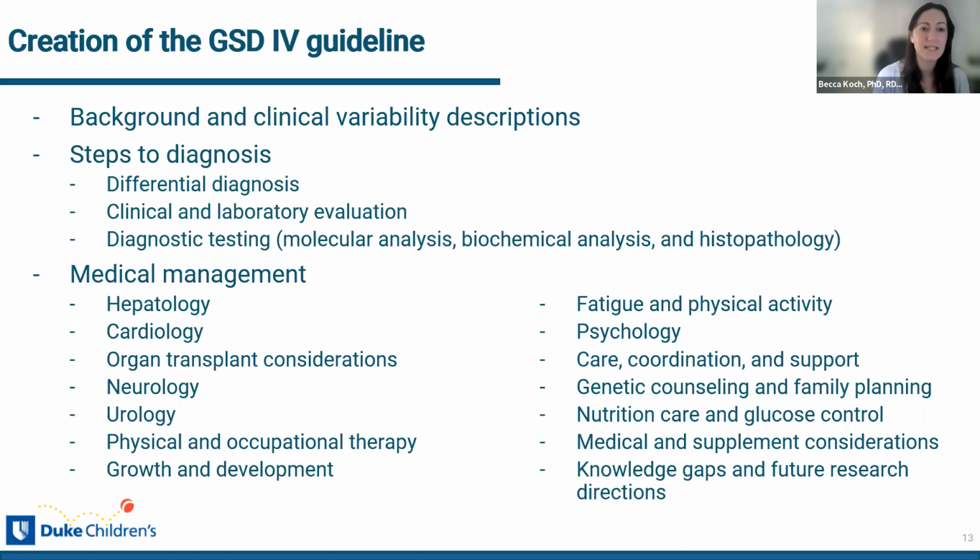We have neurology sections, urology, physical and occupational therapy, the role of those two in the care, growth and development considerations, more for our children, fatigue and physical activity for all stages of life, psychology, absolutely essential that we address this, given the impact on the psychological role that rare disease can have, care, coordination and support, genetic counseling and family planning, nutrition care and glucose control, medical and supplement considerations, as well as highlighting knowledge gaps and future research directions.